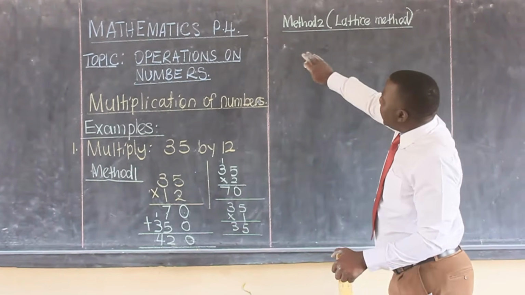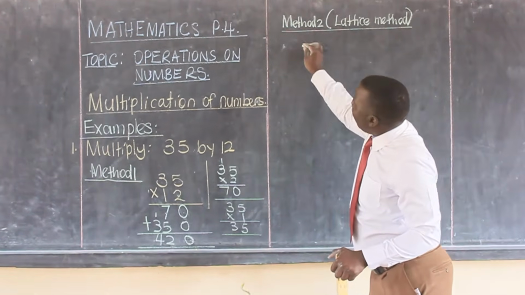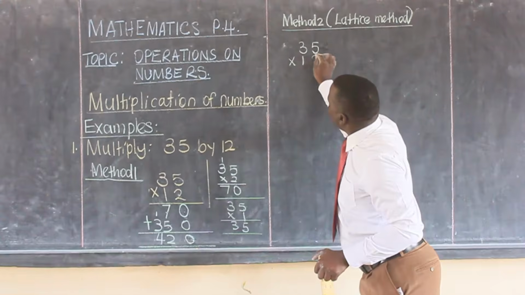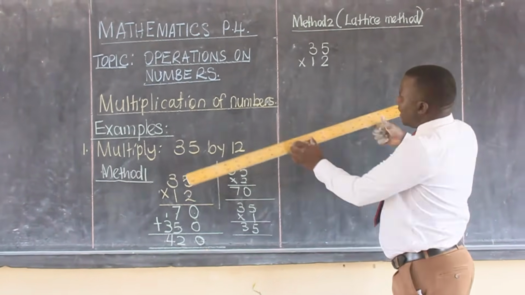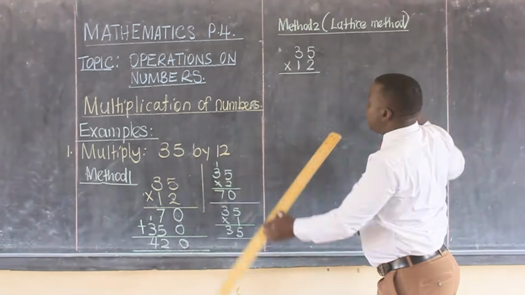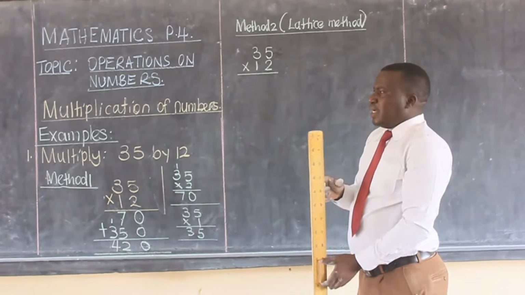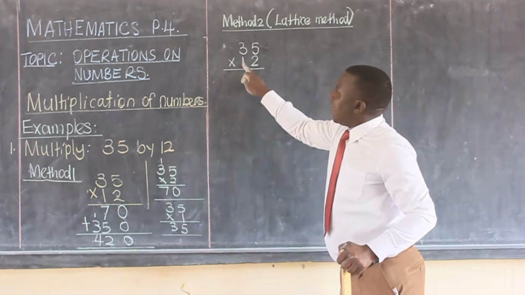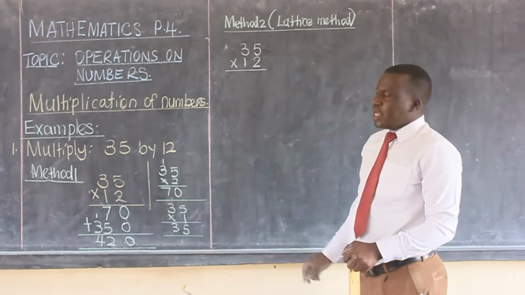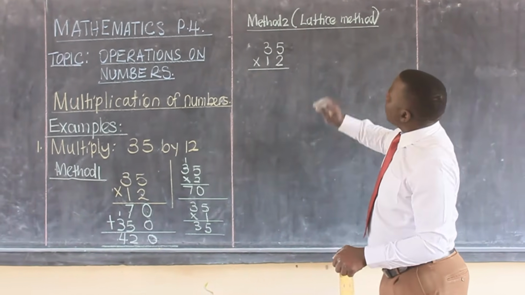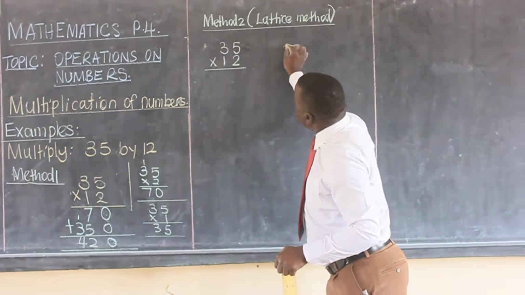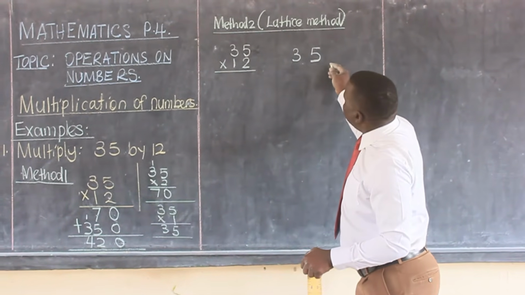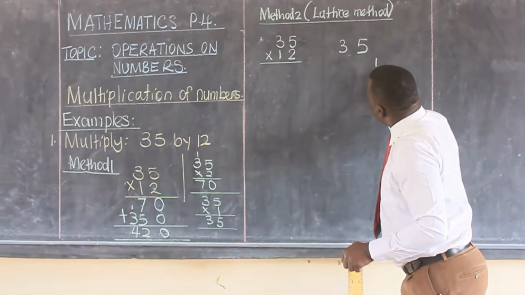Okay? In this method here, you are multiplying 35 times 12. Now here, you are multiplying a 2-digit number by a 2-digit number. So what you are going to do, you're going to write your 35 and you are going to multiply it by 12.